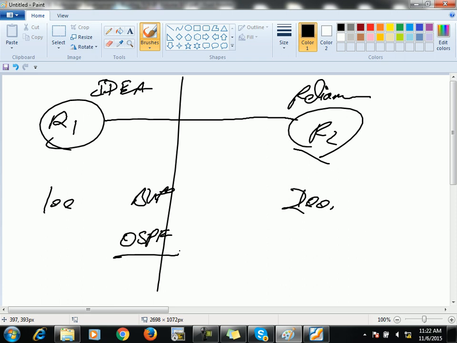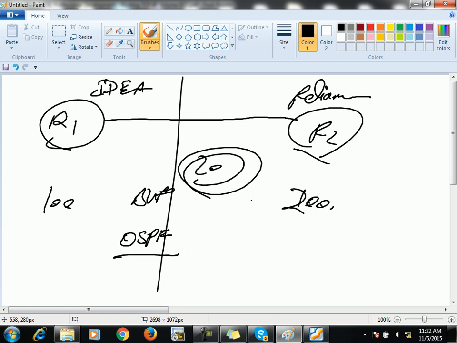So BGP must always get preference over any other IGP. That is why in case of eBGP, by default its AD value is 20, which is the lowest among all IGPs, among all routing protocols. So that is why we have 20 for eBGP.